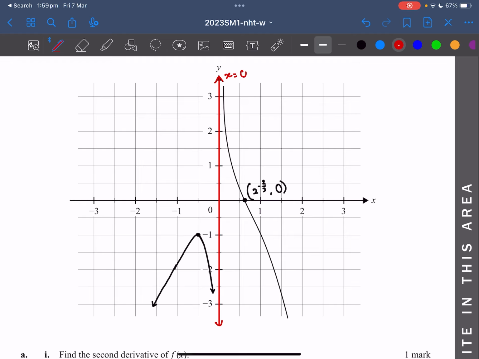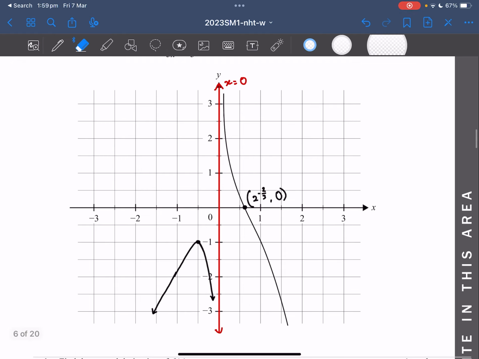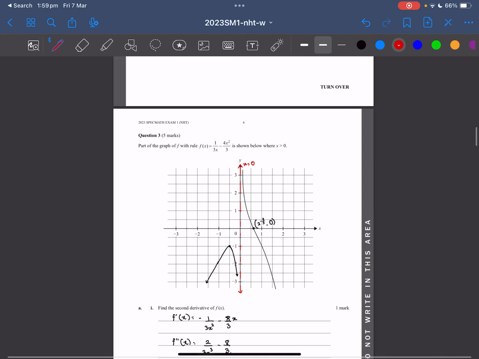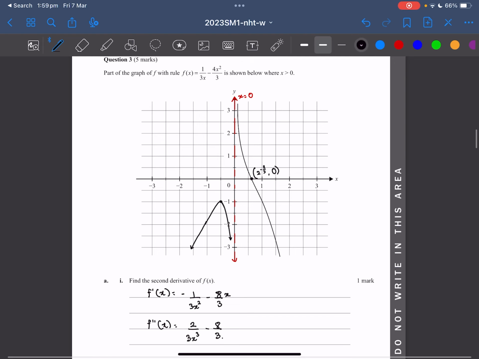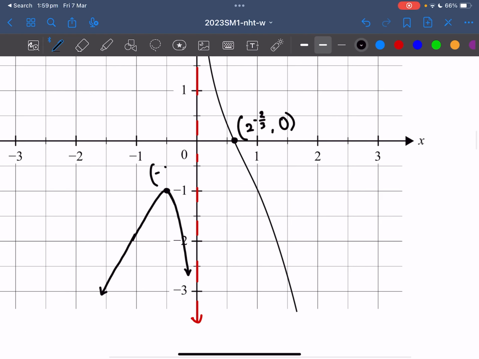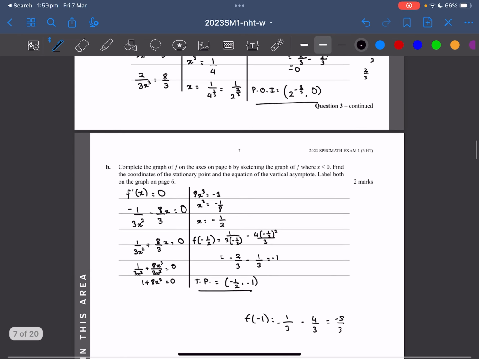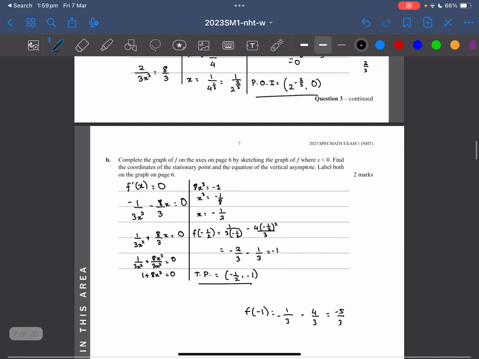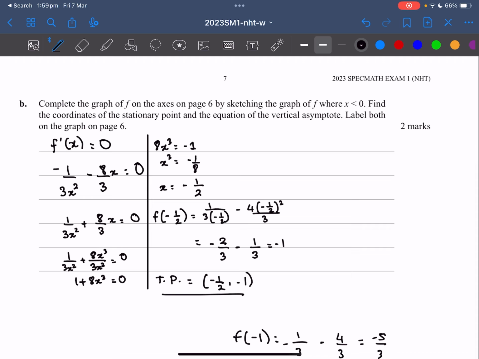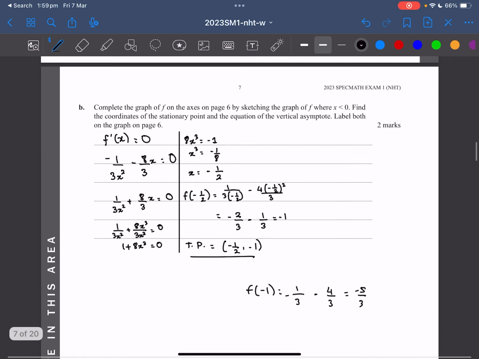X equals 0. Of course, it has to be a dotted line. Okay, that will do. We have to probably label that as well. So minus 1 on 2 and minus 1. Okay, is there anything else? Find the equation. Yeah, label that. Okay, cool. I think we're all done for this.